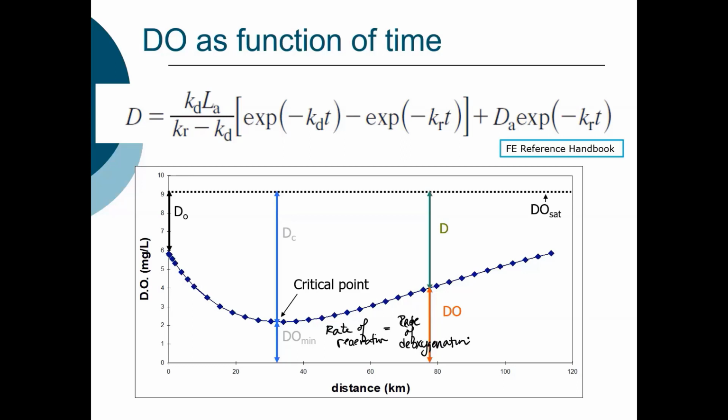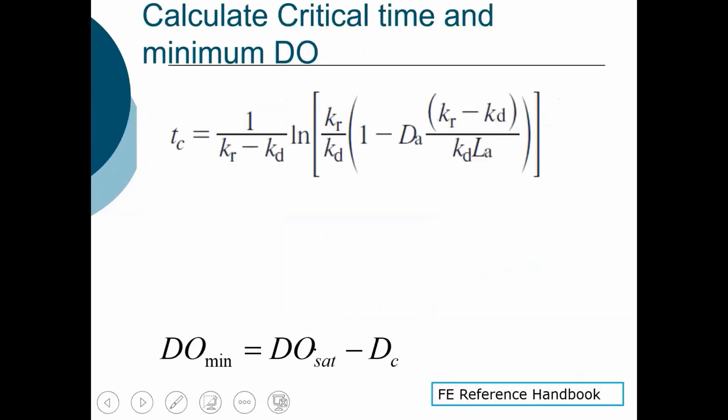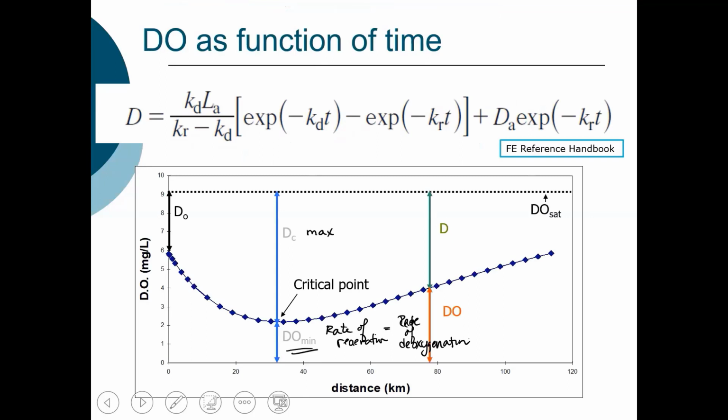So at this point in time, the deficit is a maximum and the dissolved oxygen concentration is a minimum. The only difference in that equation is that we're using T as T critical.